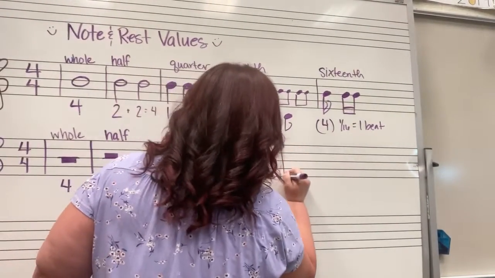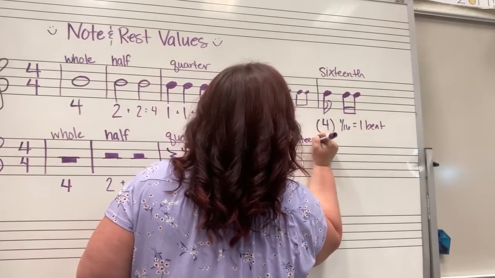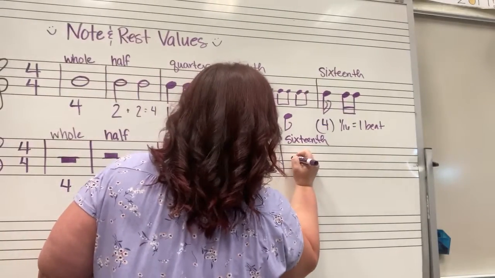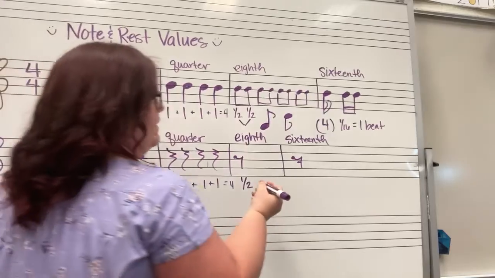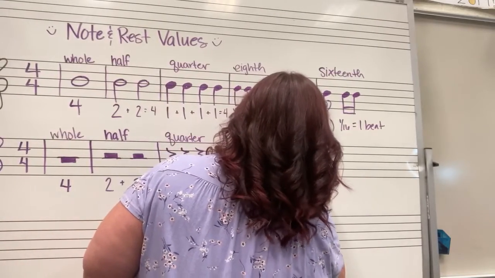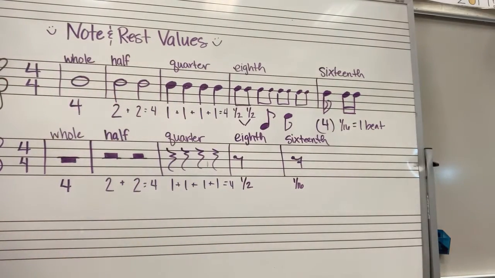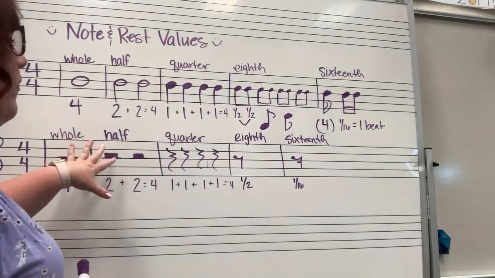And then we get over to the demon rest, the 16th. And it's just one of these, and then you give him a mustache. All right, here in the middle. And that is, all right. So we count these the same as we do up here on the notes.